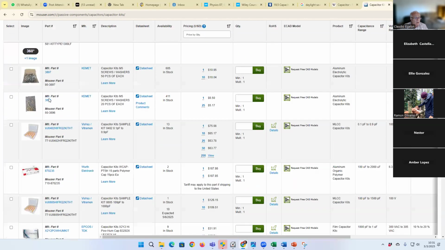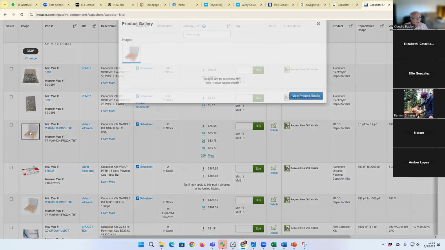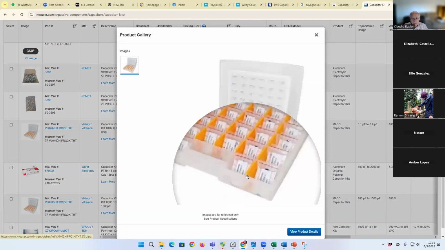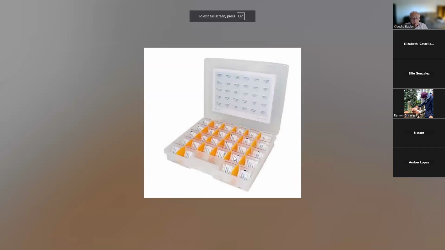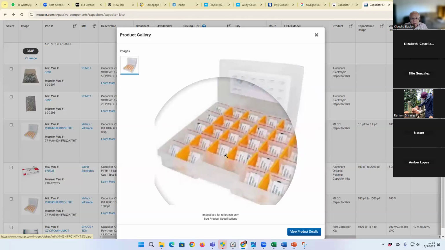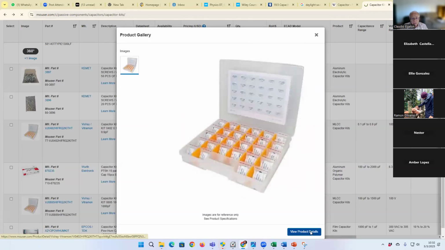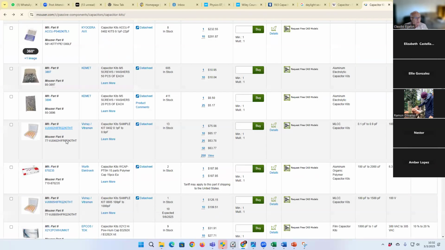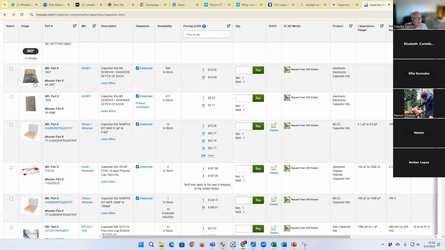Here you go. See here, this one here. Click to expand. This is a very lousy image, unfortunately. Yeah, you can see it. Product details. It's unfortunate that they have such a lousy image. Let's see this one here.